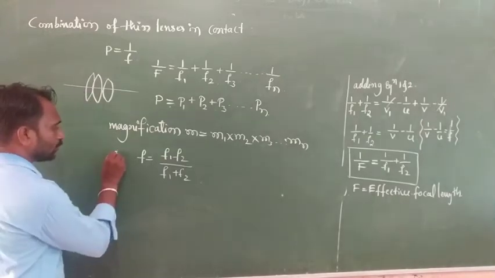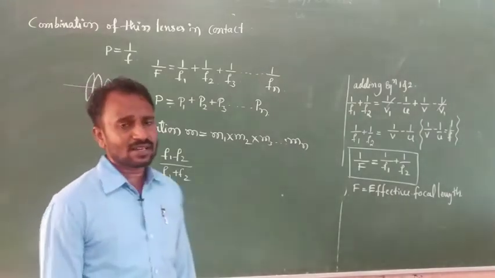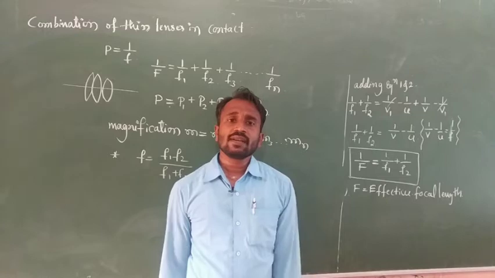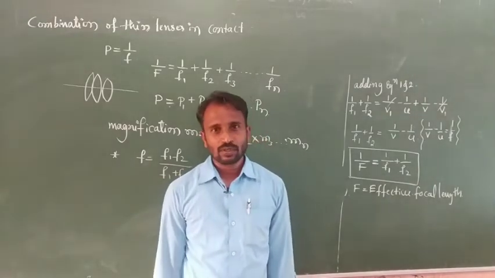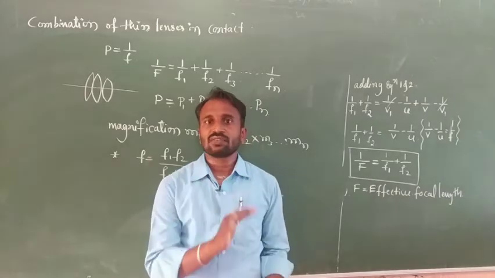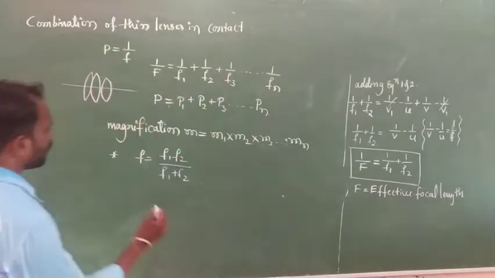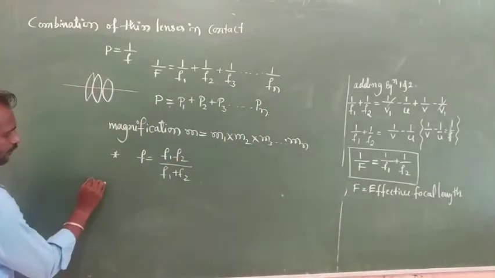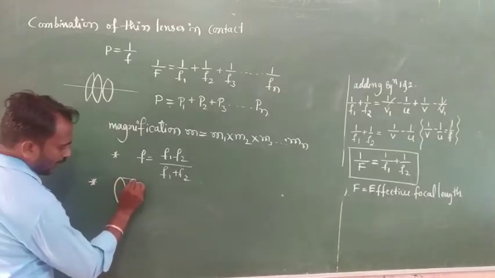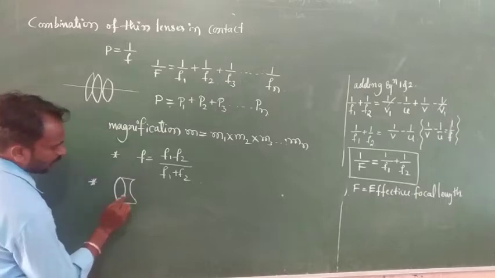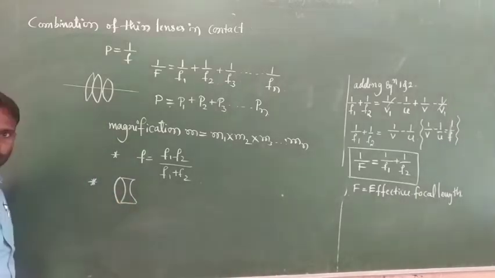Suppose two lenses are there, one is a convex lens and the other is a concave lens. For example, this one is a convex lens and this one is a concave lens, and these two lenses are in contact with each other.